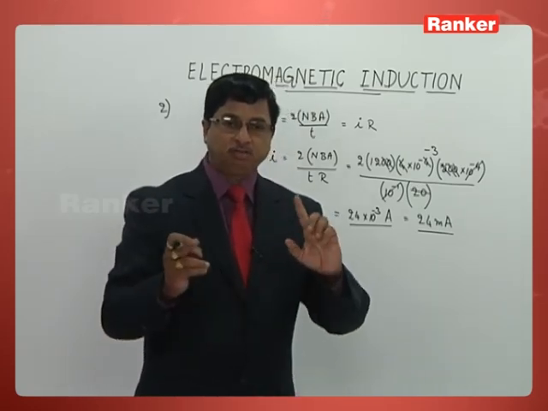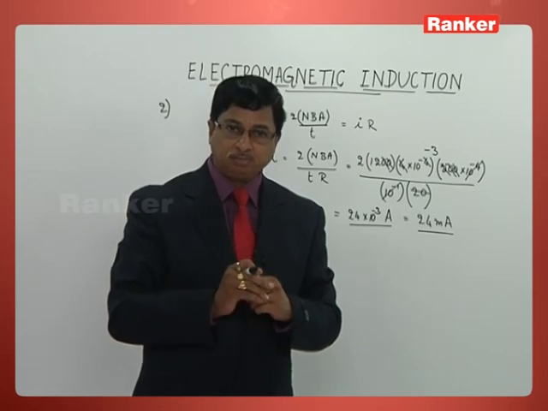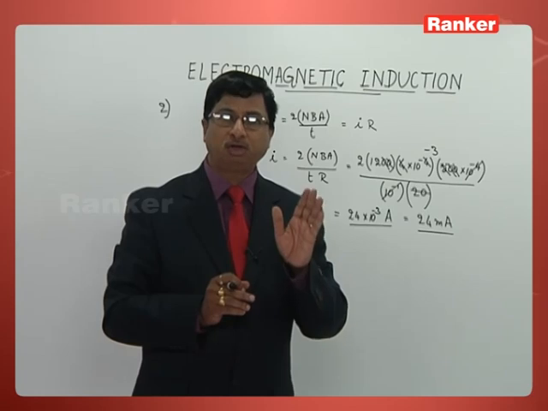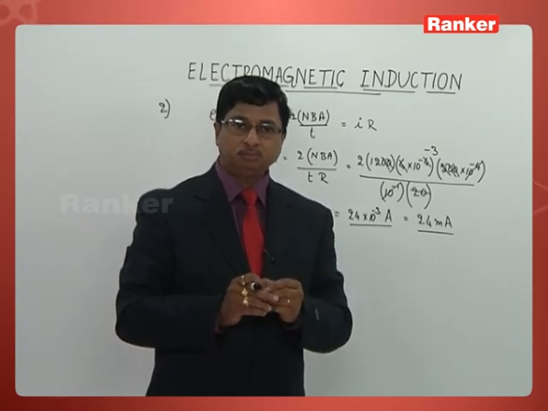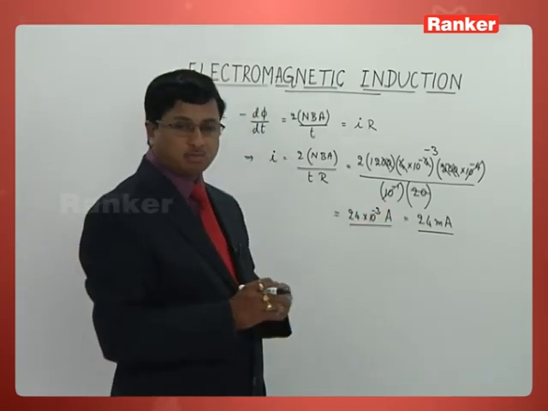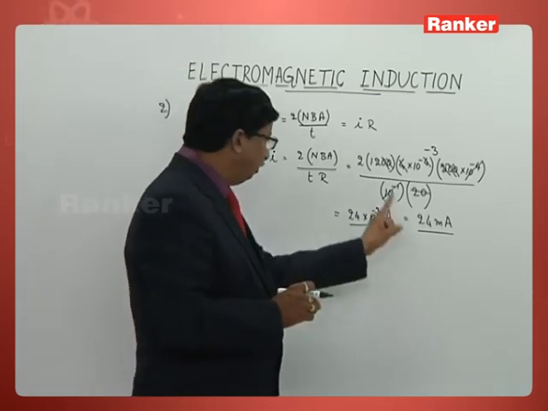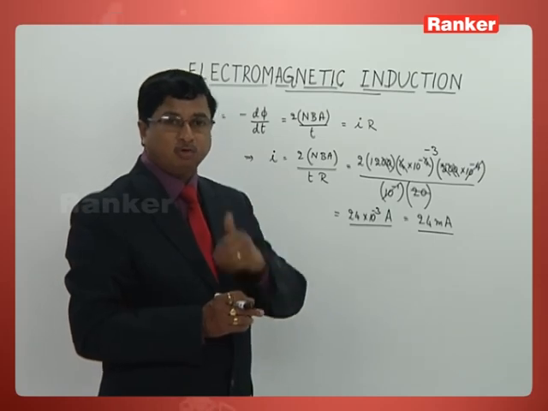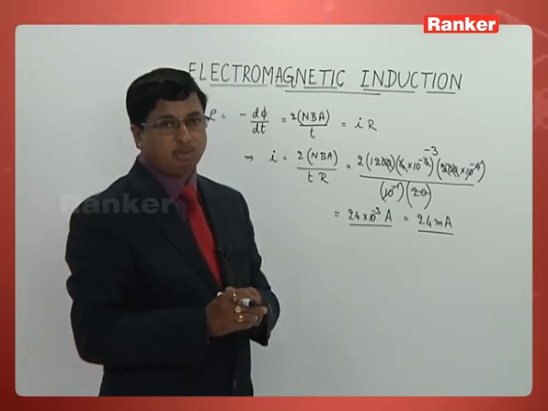So the moment it is reversed by 180 degrees, the flux will be doubled. That is the point one should understand from this problem. Then automatically you will come across 24 milliampere. This tallies with the second option out of the 4 options given in the problem.